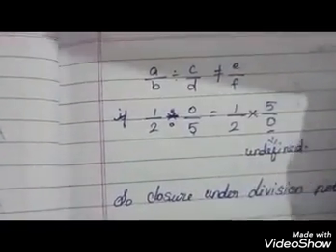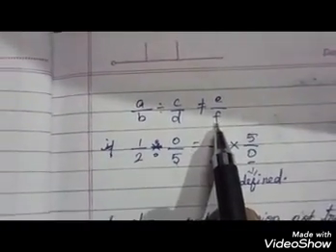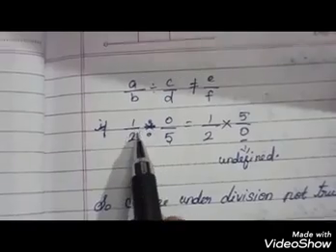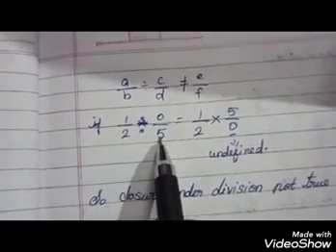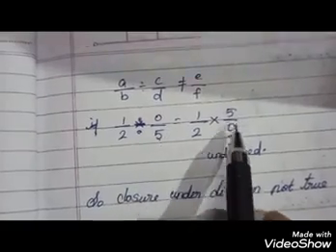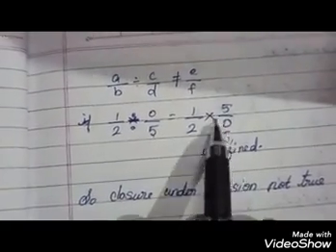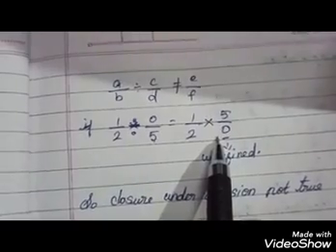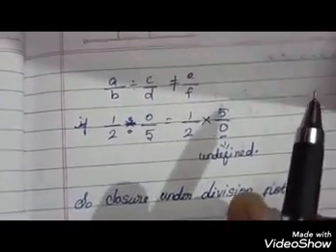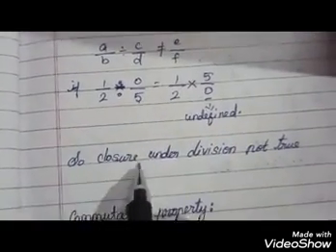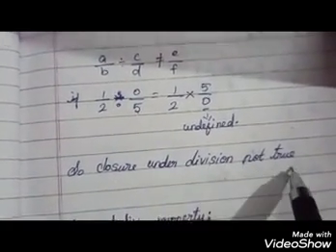Why do I have to take not equal? It is not satisfied always. For example, 1 by 2 divided by 0 by 5. If you take the reciprocal, 5 by 0, and 5 by 0 is undefined. We can't find out the solution. So it is not satisfied. Is it right? So closure under division is not true.